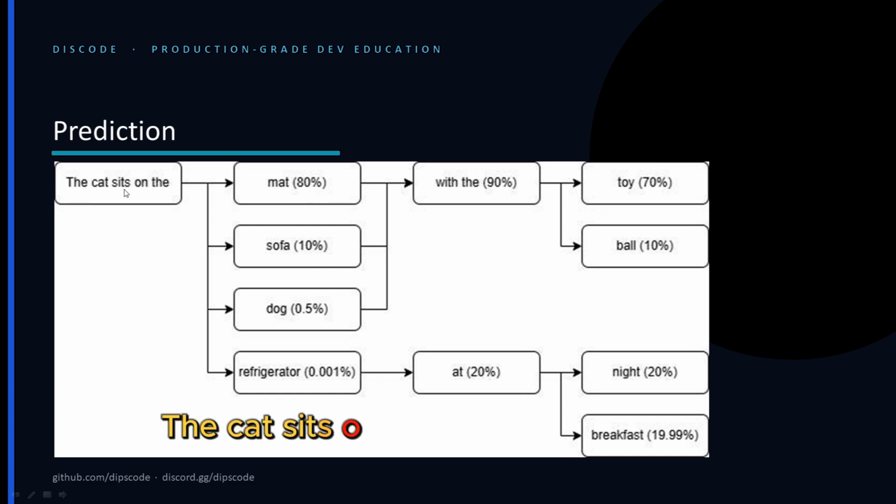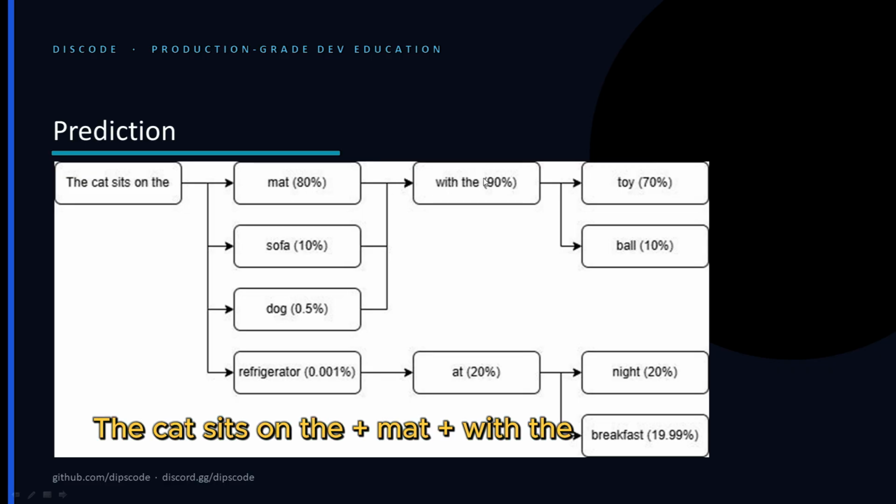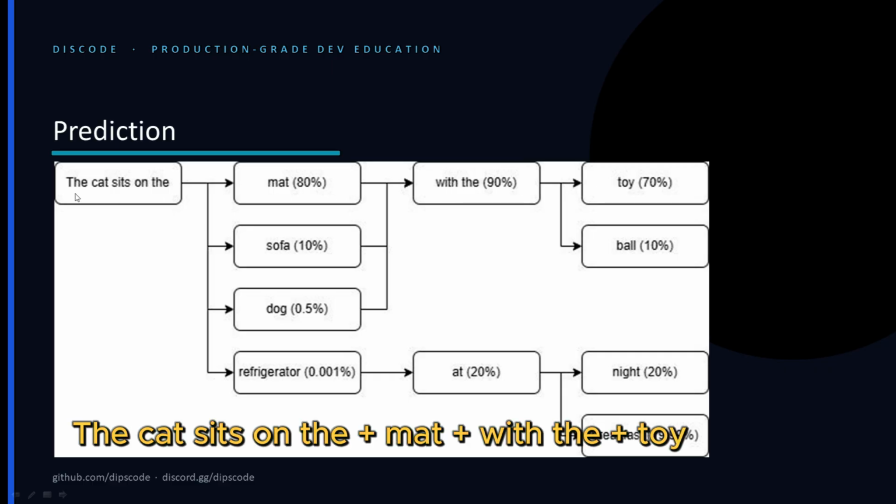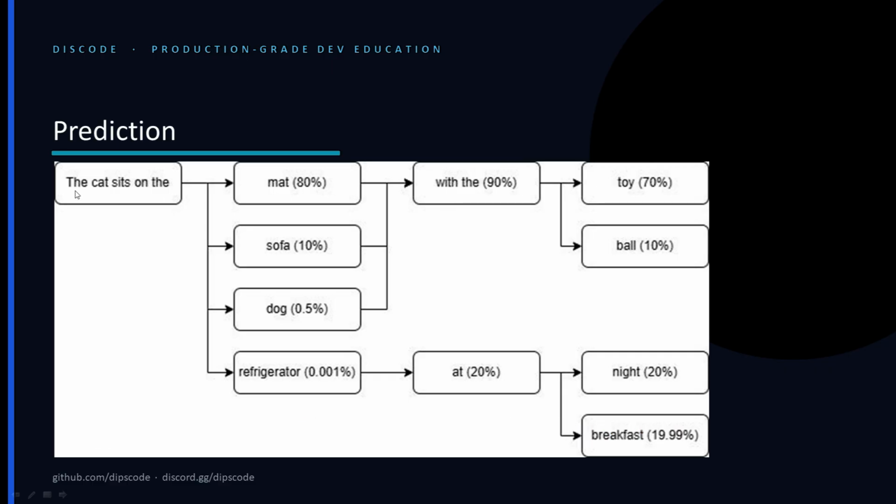So the cat sits on the mat. Then based on that, it selects the next word, which is with the, which has a 90% probability. After that, which has the highest probability, toy or ball? Since toy has 70% probability, it's going with the toy. So now the answer becomes: the cat sits on the mat with the toy.